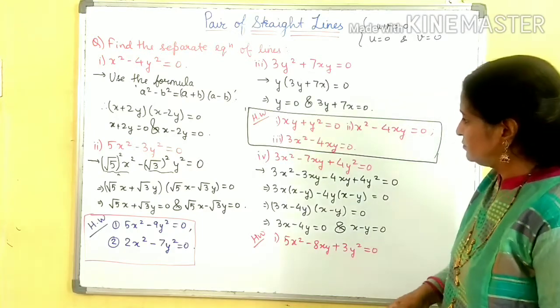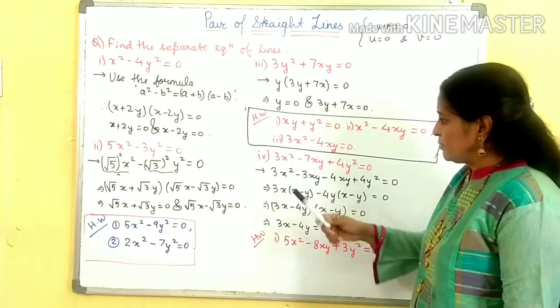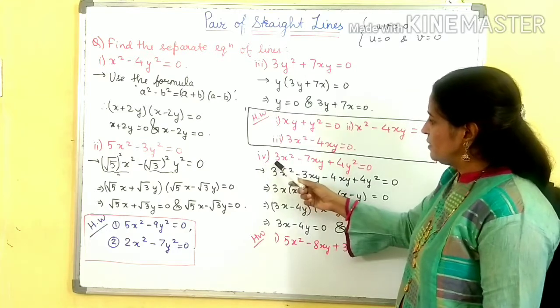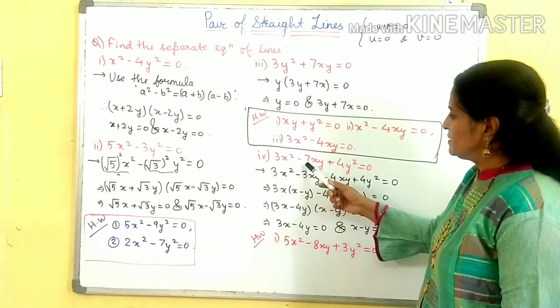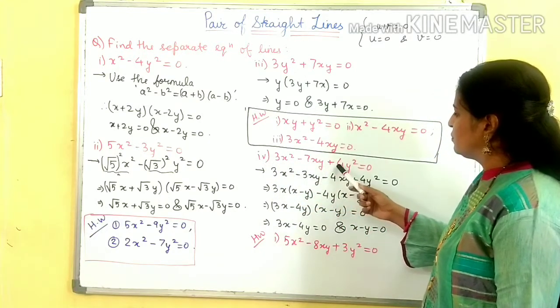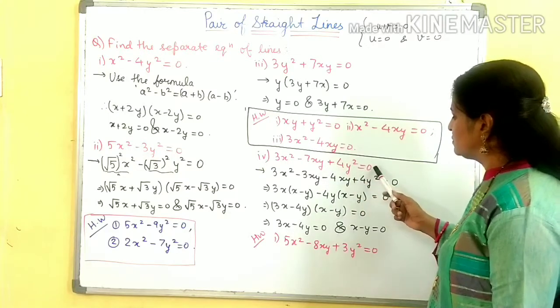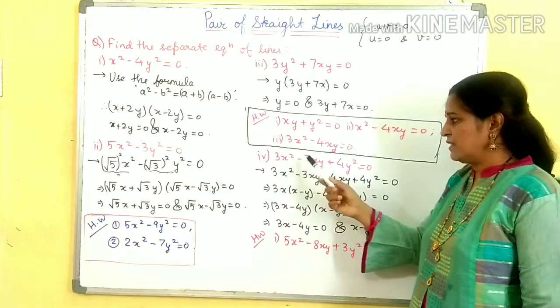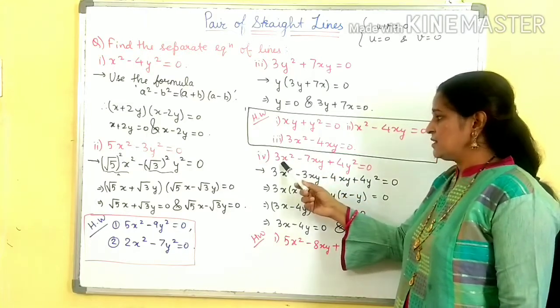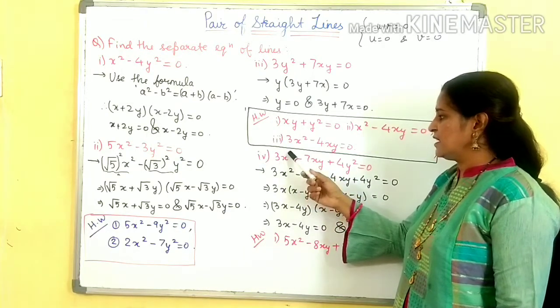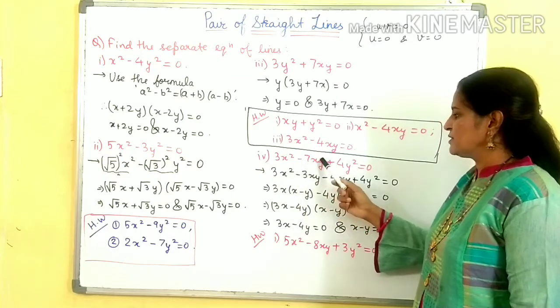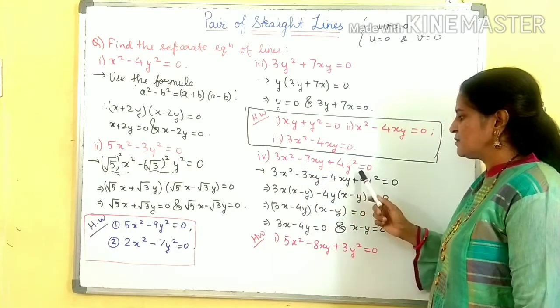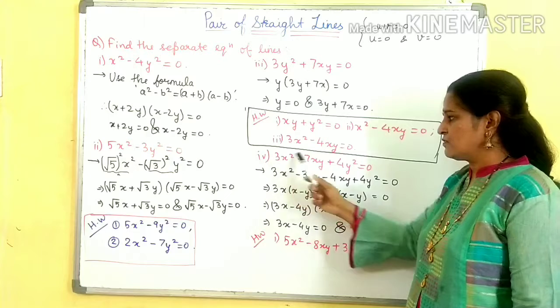Then next, there are three terms in this equation: 3x square minus 7xy plus 4y square is equal to 0. This is the standard pair of equations of lines. In this example, the x square term is there, the xy term is there and the y square term is there, with any coefficient.